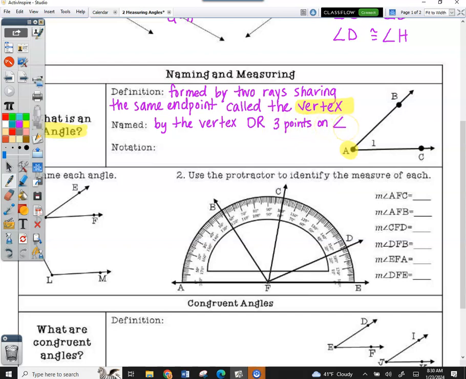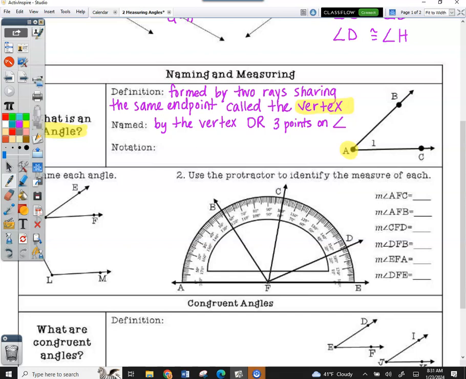I'm running out of room, so I'm leaving the word B out. And I abbreviated the word angle with a mini angle symbol because I ran out of room. So you can name it by the vertex, or you can name it by 3 points on the angle.